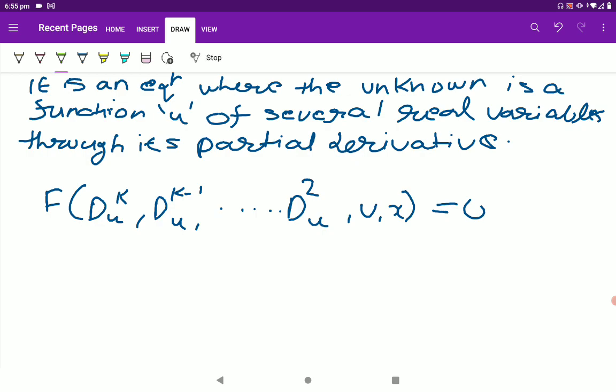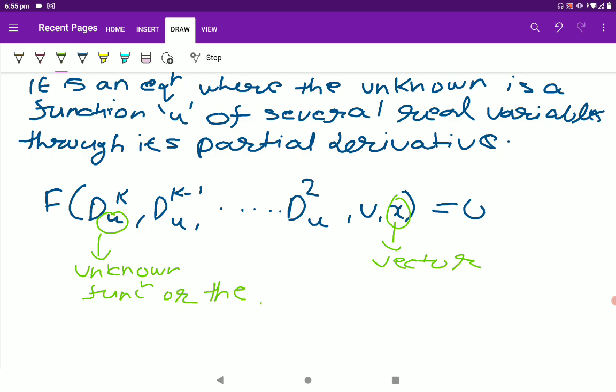Here x is a vector, and u is the unknown function, the function which we want to determine.